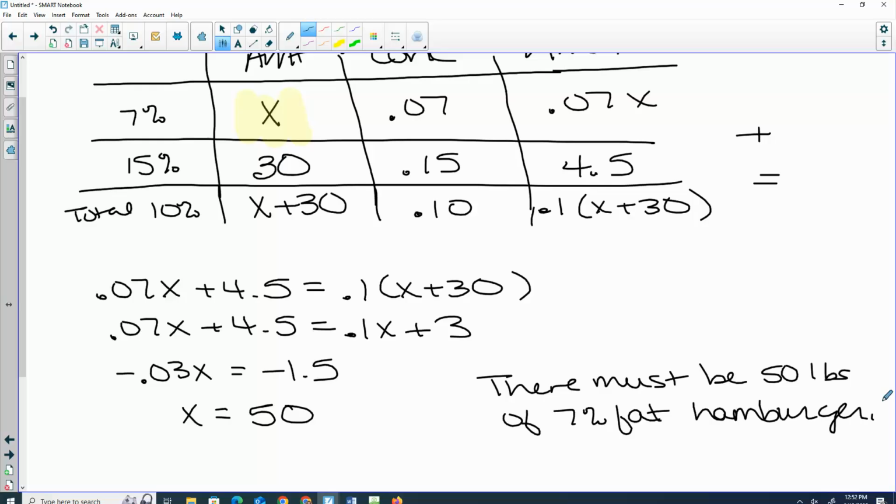Let me ask you a question here. What if I had told you how many pounds of 7% must be mixed to get 30 pounds in your total? So what if the 30 was the total instead? What would I have done for my 15?